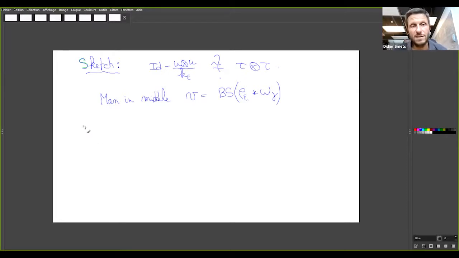So in the end, what we wish is to compute the difference between this one and this one. Let me just write it in this form.